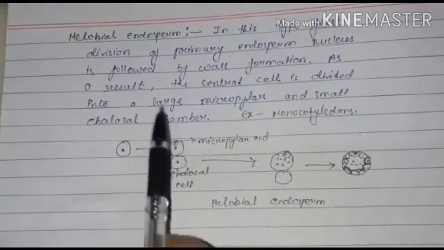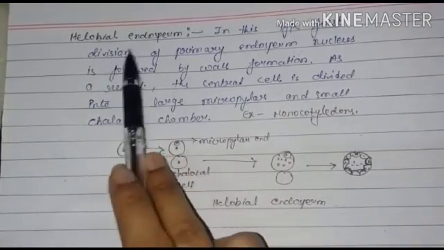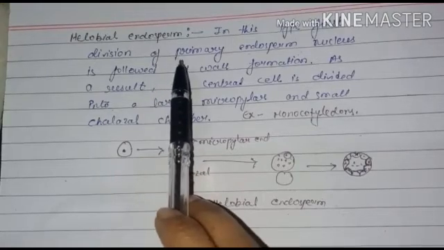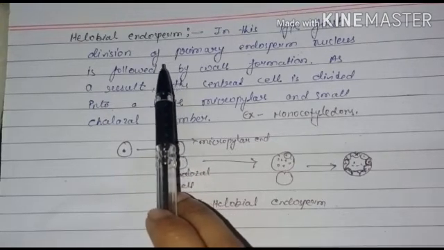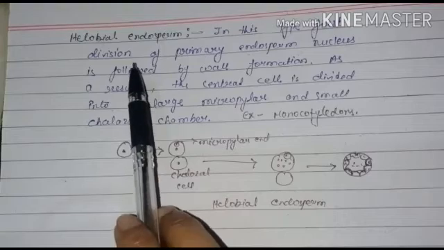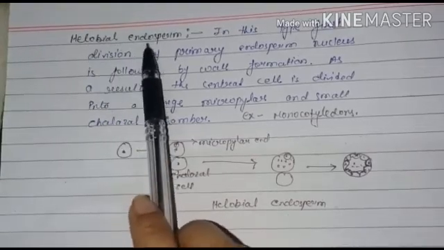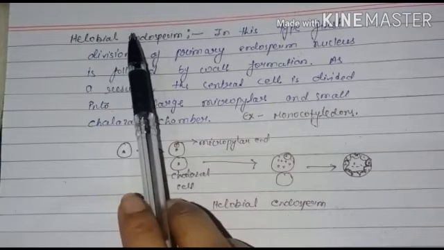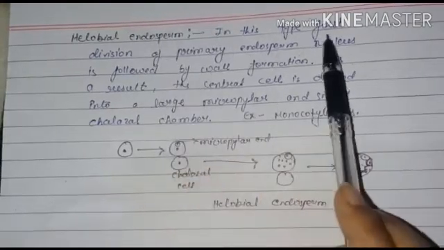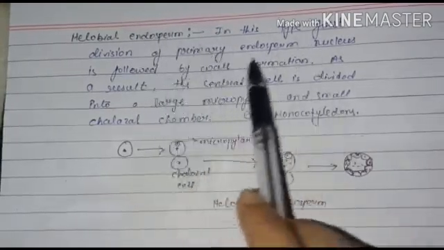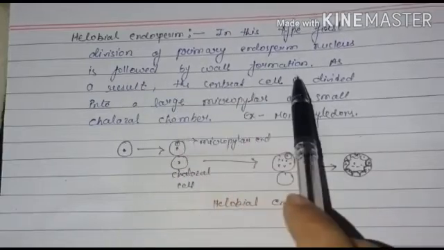Now the last one is helobial endosperm. Helobial endosperm means where free nuclear division occurs and cellular cytoplasm division also occurs. We can call it helobial endosperm. It means a mixture of both types of endosperm, nuclear and cellular. In this type, the first division of the primary endosperm nucleus is followed by wall formation.